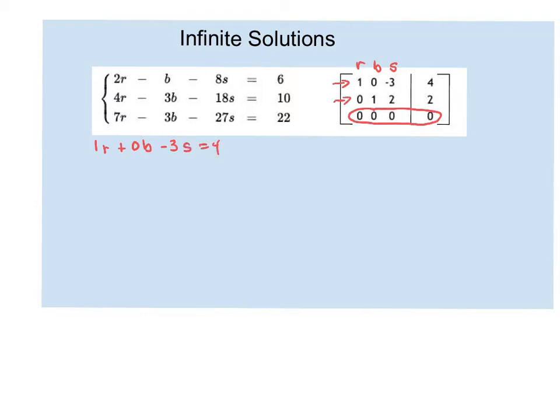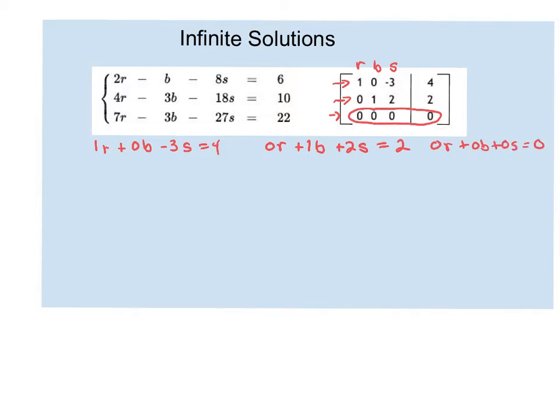If I want to write an equation with this row, it would be 0r plus 1b plus 2s is equal to 2. Then the last row would give me an equation of 0r plus 0b plus 0s is equal to 0.